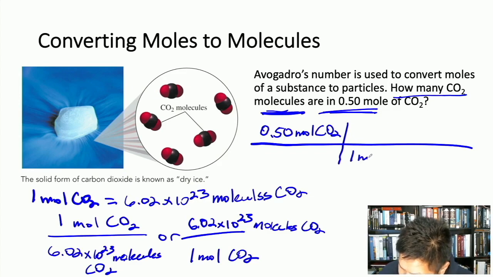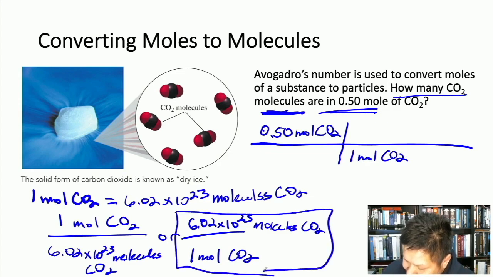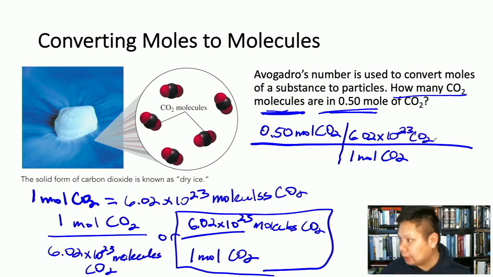So that's 1 mole of CO2, and you'll be using this ratio or conversion factor, 6.02 times 10 to the 23rd molecules of CO2. I'm running out of space, so I'm not going to write out molecules there.